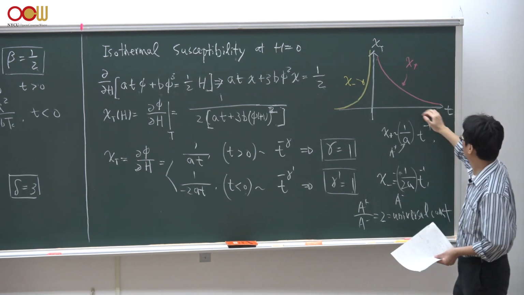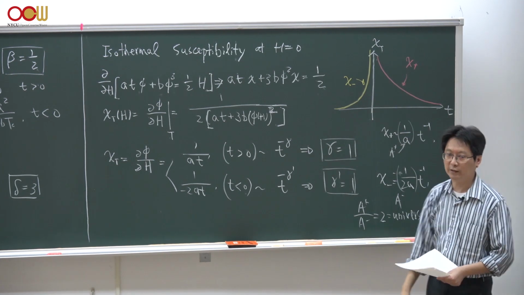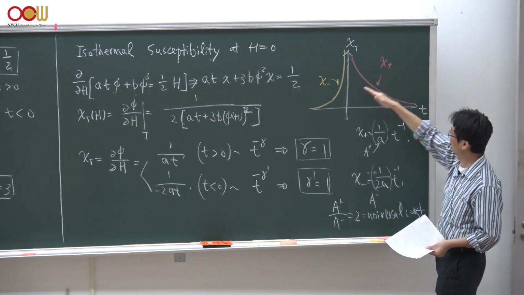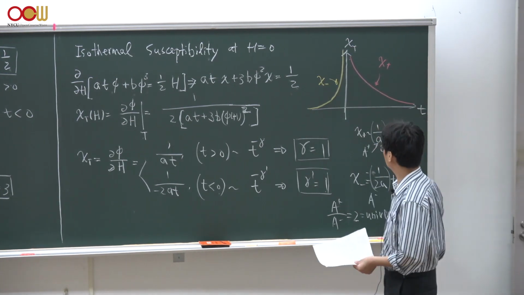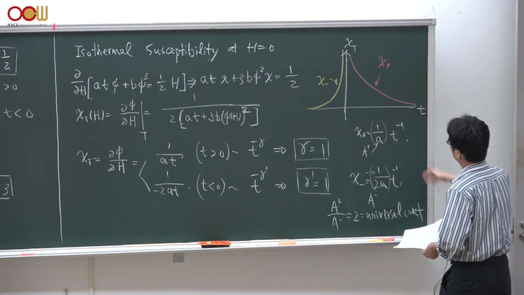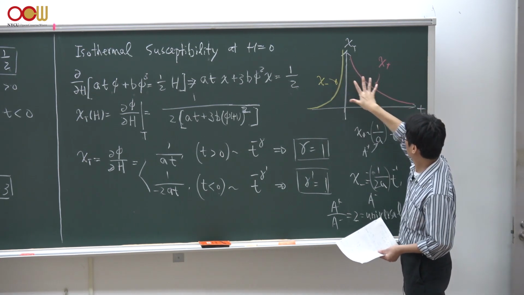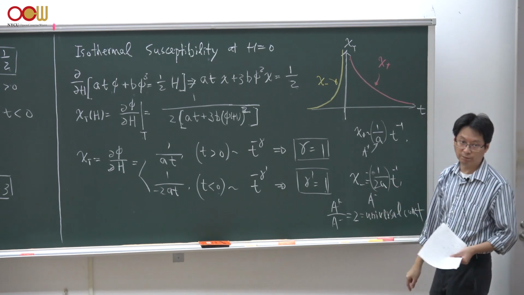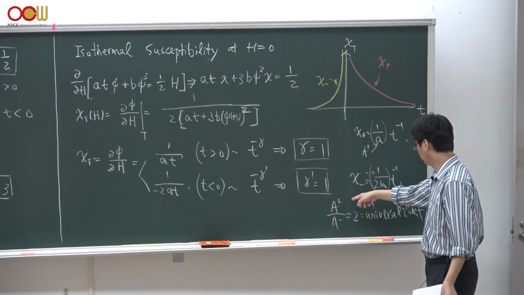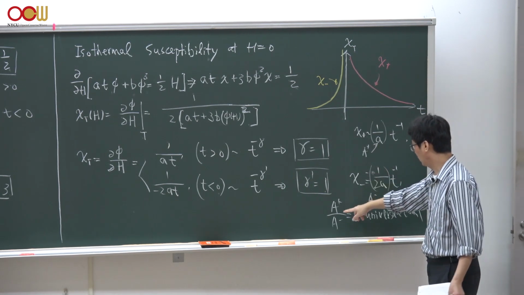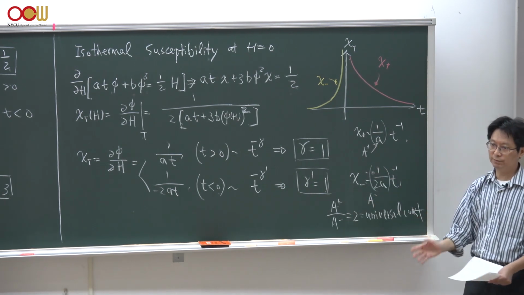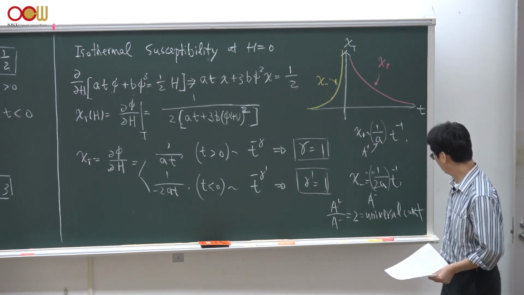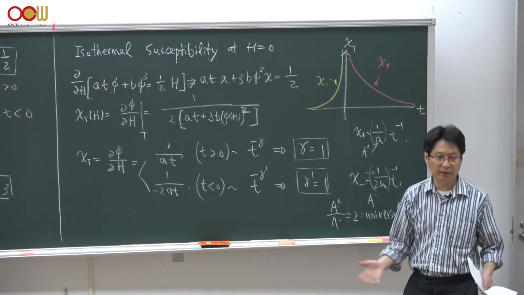So if I plot this so-called chi plus, representing the isothermal spin susceptibility above Tc, and chi minus, the same quantity below Tc, both curves show this 1 over t behavior with a different prefactor, which differ by a factor of 2. And this ratio between the prefactors a plus and a minus above and below the transition temperature is a universal prefactor ratio, and it doesn't depend on anything.